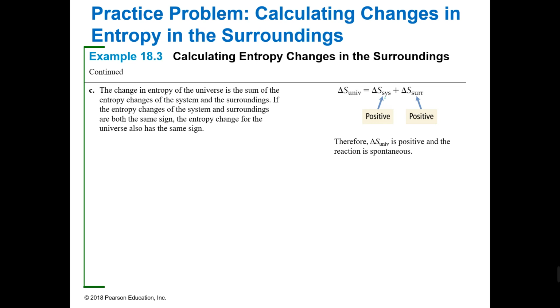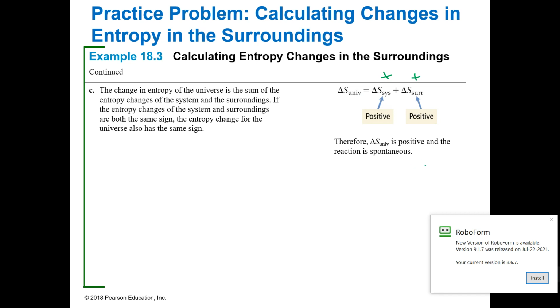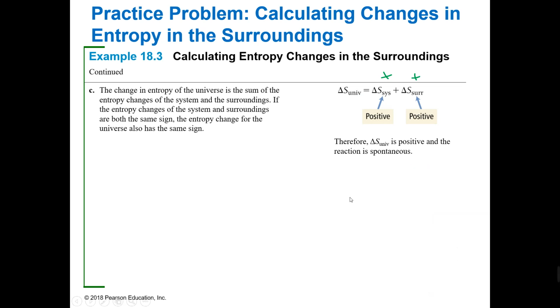We know these were both positive, so the only sign our delta S of the universe could possibly be is positive. And if it's positive, then the reaction is spontaneous and irreversible.